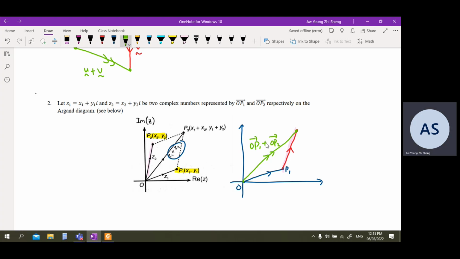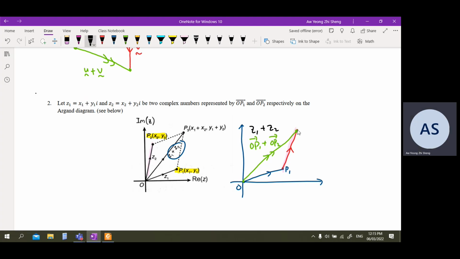But we know OP1 is the vector that represents the complex number Z1, and OP2 is the vector that represents the complex number Z2. So this green colored vector is not only the resultant vector of OP1 plus OP2, it is also the vector representation of the complex number Z1 plus Z2. I repeat, the green color vector is the vector representation of the complex number Z1 plus Z2.